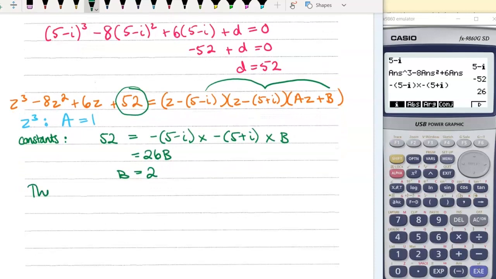So the third factor, this bracket just here, is z plus 2. So the third root is minus 2.